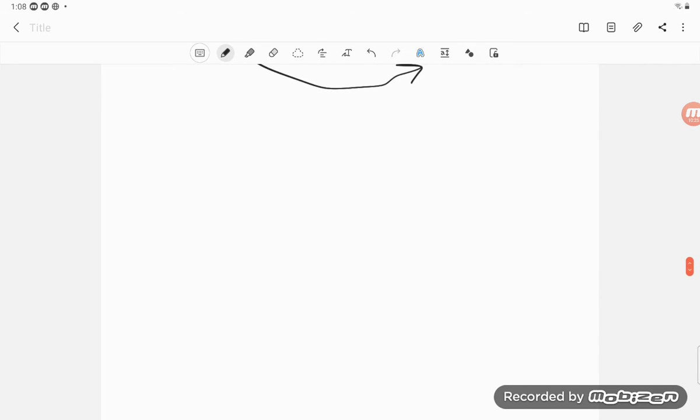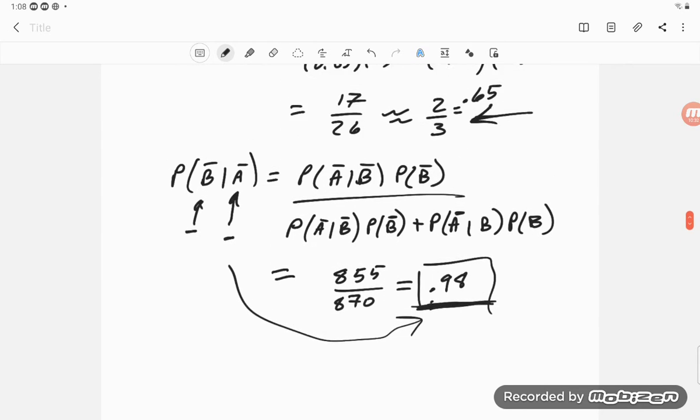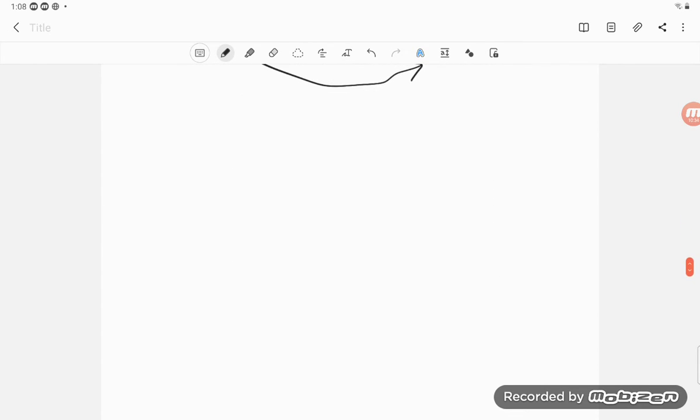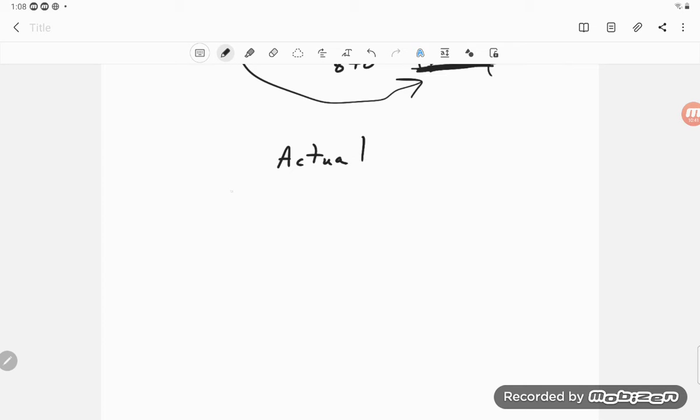Now, to look at this a little further, you can actually do all this if you had real live data instead of just these probabilities that we're given. So if we were given real live data, here's actual, and here's the test, so this is A, this is B, and here's our positive, and here's our negative.